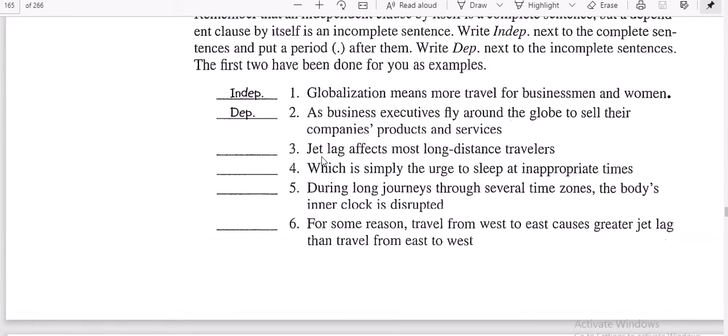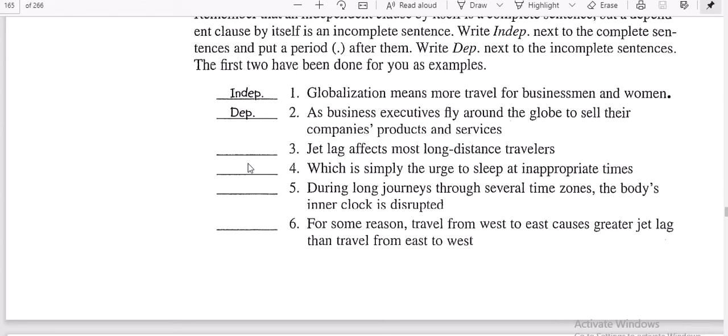Third one, jet lag affects most long distance travelers. Jet lag is what? The subject. Affects is the verb. So this clause contains subject and verb, so it is what?